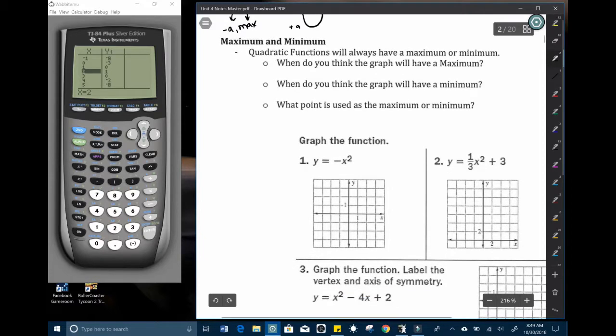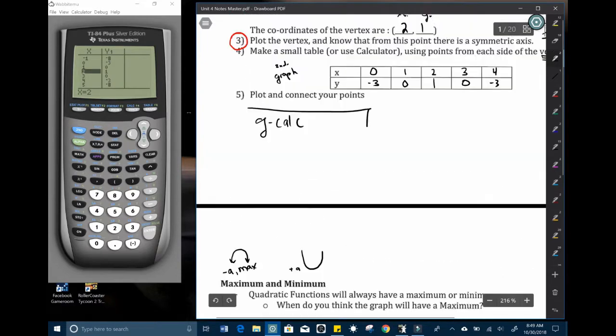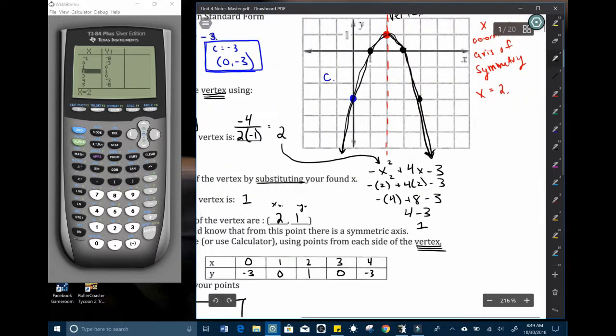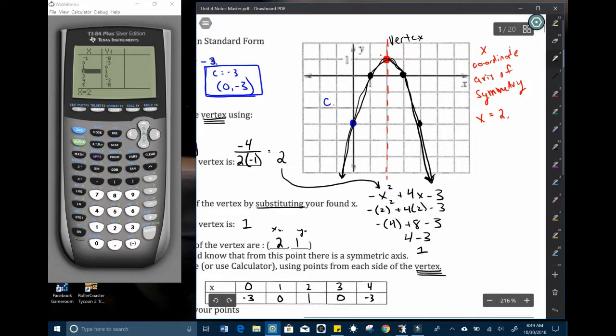The value that's used is the y coordinate of the vertex. So if we look back to our graph, our maximum is 1. The highest value it goes is 1.